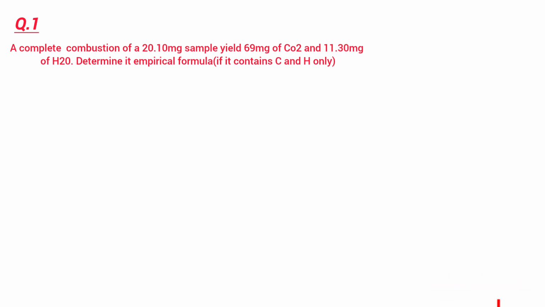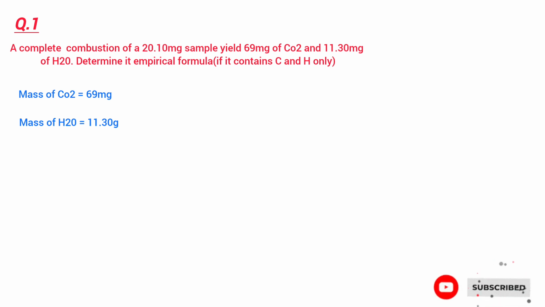So, in this question, we are given the mass of CO2 and H2O in milligram. So the first thing we need to do is to convert it to grams, and to do that we divide by 1000. Dividing the mass of CO2, which is 69, by 1000, we have 0.069 gram.